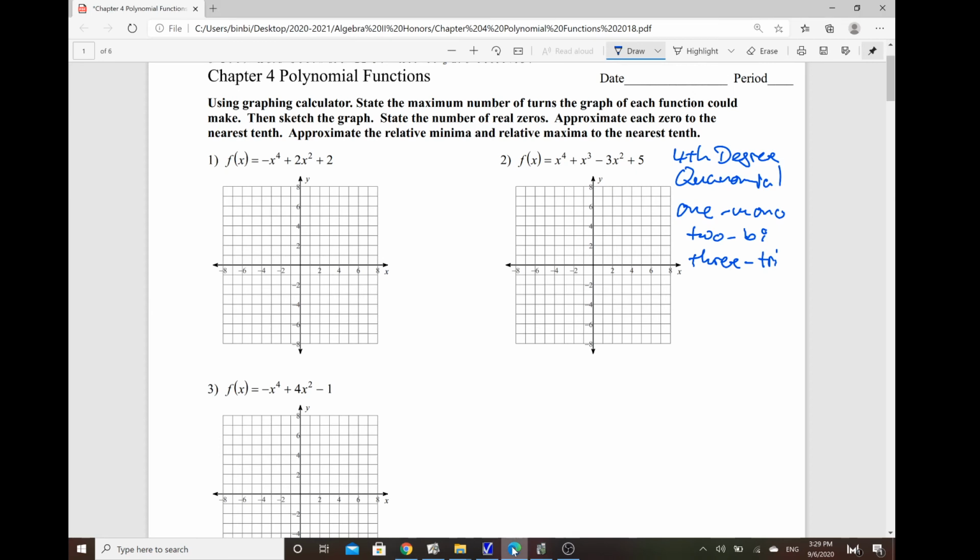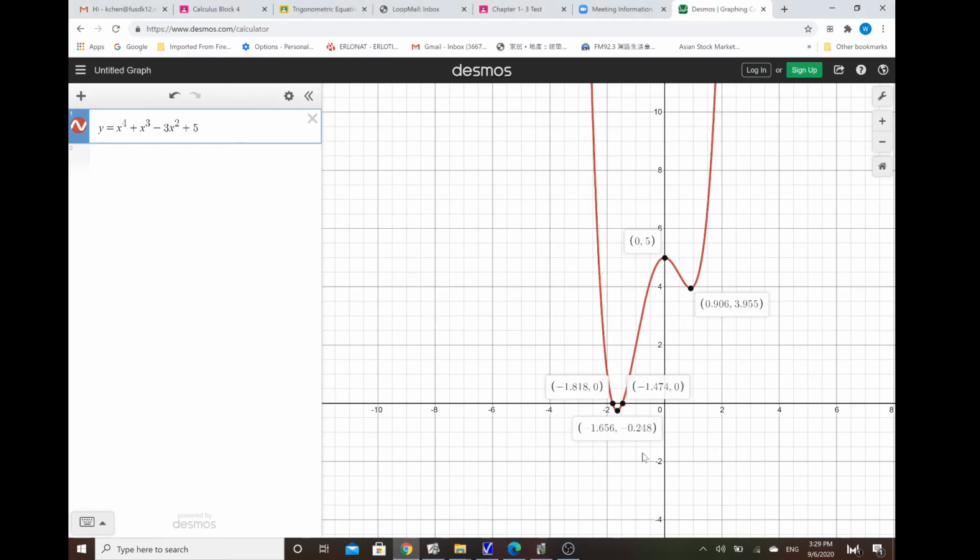Okay, going back to the instruction. So after we approximate the value of the zeros, now we need to approximate the relative minima and relative maxima. So that's what I stated earlier. So for the relative minima, we do have negative 1.656, comma, negative 0.248, the lowest point here. And here's another one. So this one is considered another relative minimum, 0.906, 3.955.